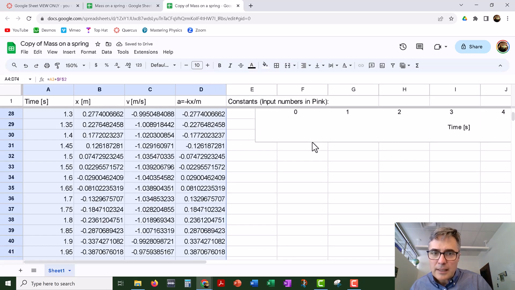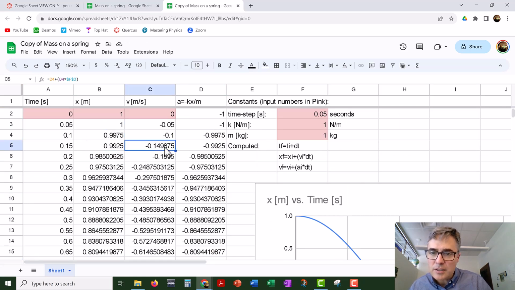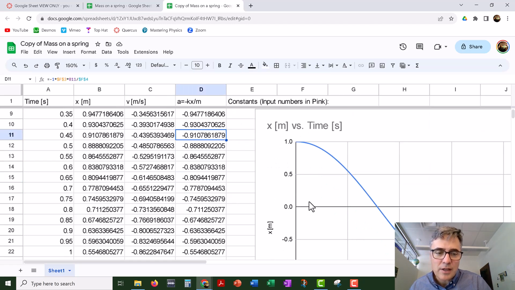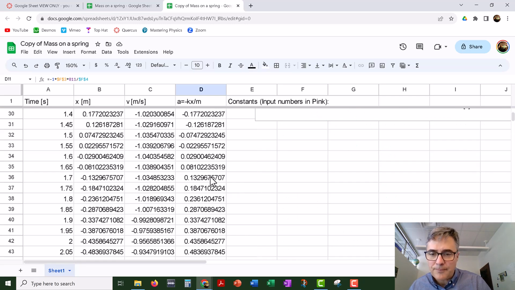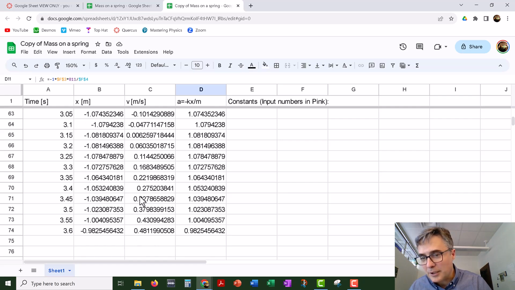And so what that does is it changes the position as the time goes up and changes the velocity, the acceleration goes down, I guess, and then makes a plot here of x versus time. And so this is where you start to actually see this, didn't go very far there, this what looks like a cosine curve.